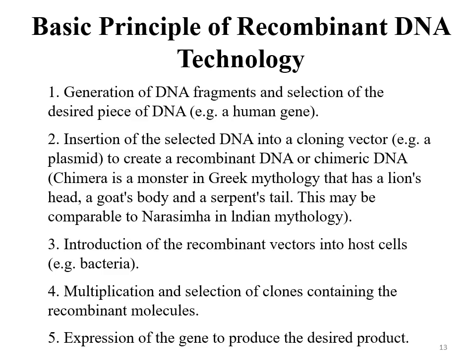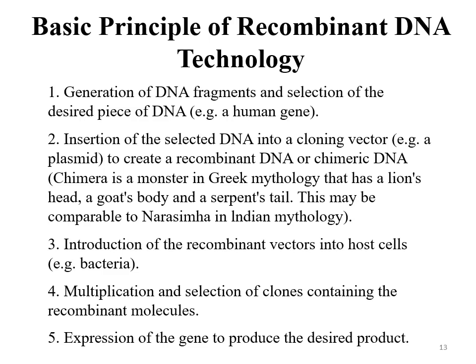After the generation of a DNA fragment, it is inserted into the cloning vector. For example, it can be inserted into a plasmid to create a recombinant DNA or chimeric DNA.